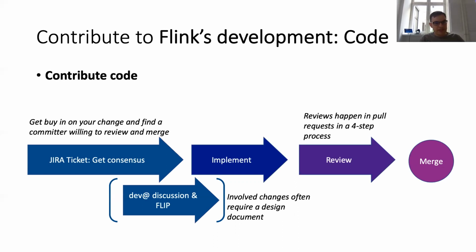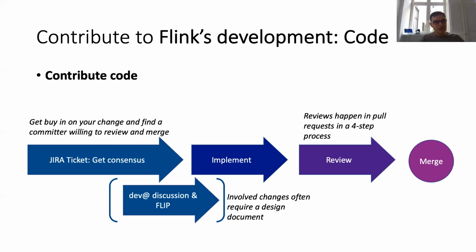If we realize during the consensus discussion in the Jira ticket that this is really a complicated change, then we might actually kick off a discussion on the development list or even ask you to write a FLIP to really describe all the changes that you're intending to do.